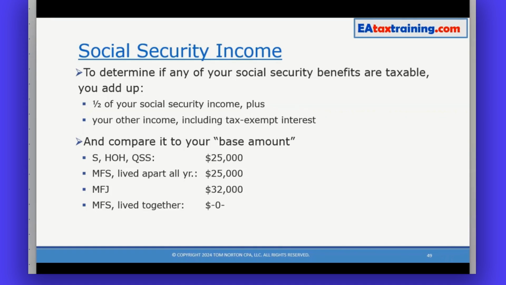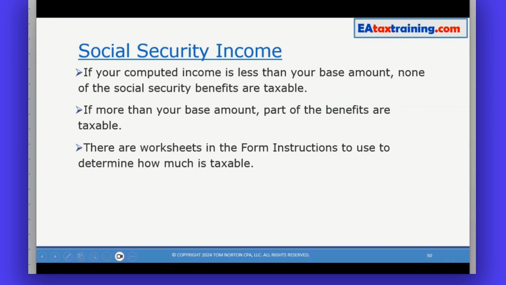And if you are married filing separately and lived together for any part of the year, then it is $0. So half your Social Security income plus all of your other income, compared to your base amount, will tell you how much of your Social Security is taxable, up to the maximum amount of 85%.